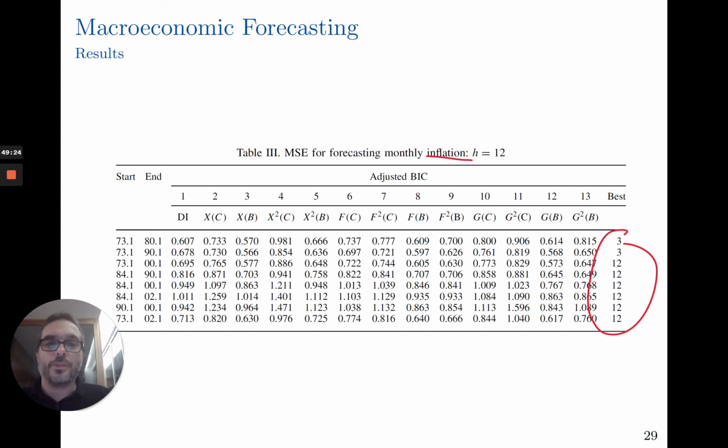Numbers over 1 mean we do not perform. So model 12 outperformed the benchmark in all cases. Model 3 outperformed at the beginning, but not here, and it's not the best here anyway. So the big picture is boosting is doing better than just picking the three most important principal components, or just using an AR4.